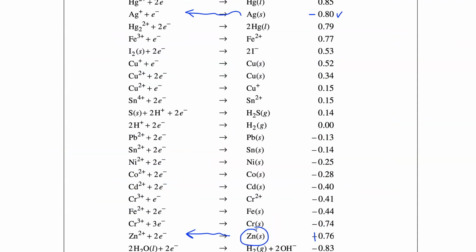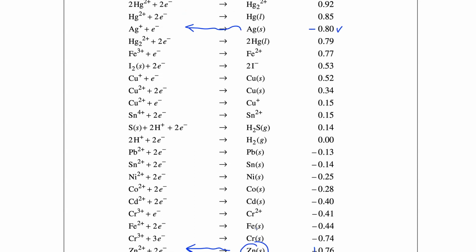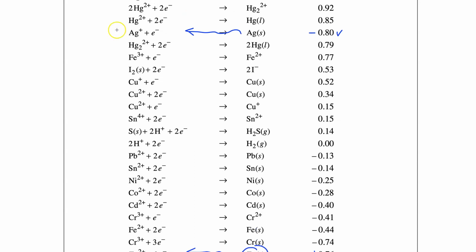If we go find silver, we don't use the reverse, we use it as written, because we found out before that the better metal for oxidizing was the zinc down here. The worst metal for oxidizing was silver. Why? Because it likes to go to the right. It's got positive volts. The silver plus ion is really good at gaining an electron. That's why we have positive volts.